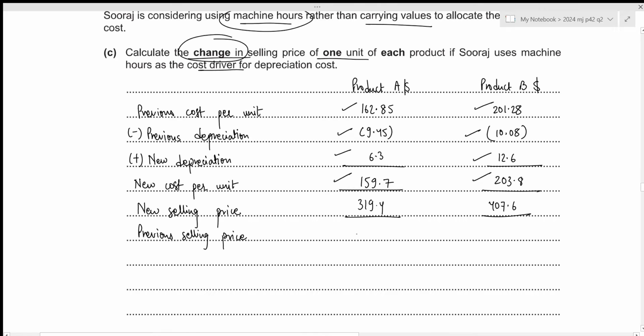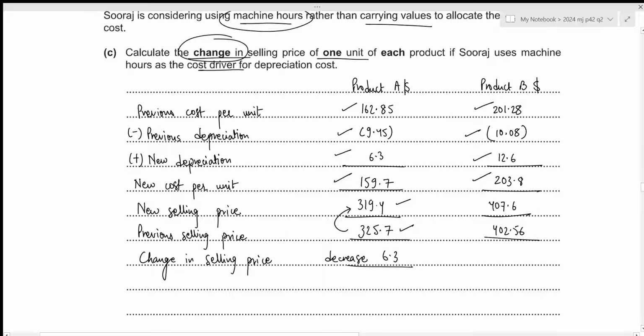So 325.7 and 402.56. Now let's calculate the change in selling price. For product A, we can see that the selling price per unit has definitely decreased. So we have a decrease, which is of 325.7 minus 319.4, so 6.3.